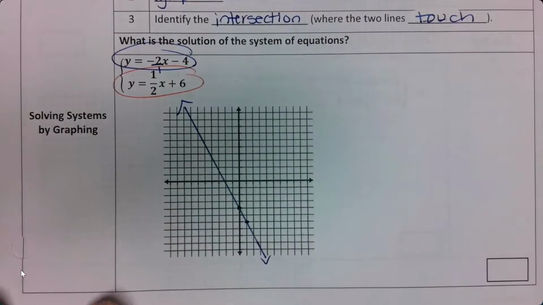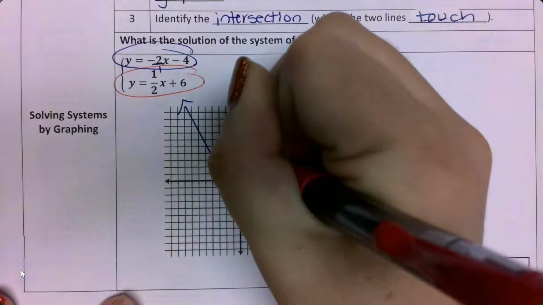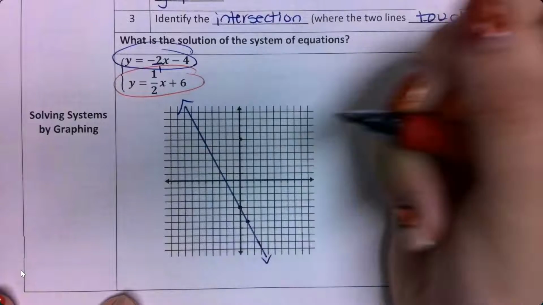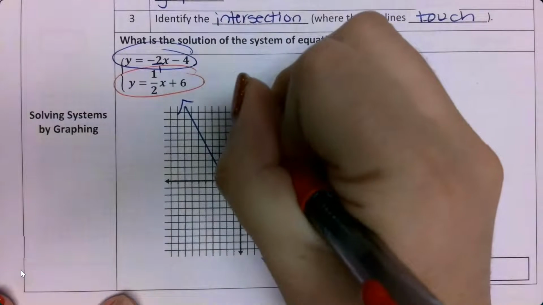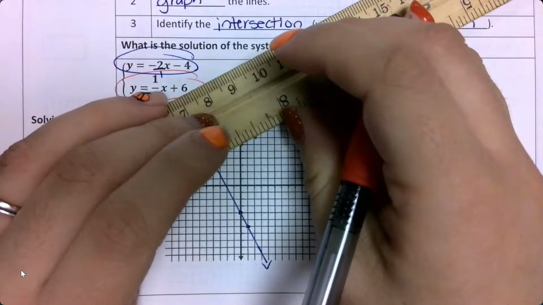So then this one I'm going to do in red. I'm going up 6 for my y-intercept. And then my slope is 1/2, so I go up 1 square, right 2. And then I want to go ahead and connect those.